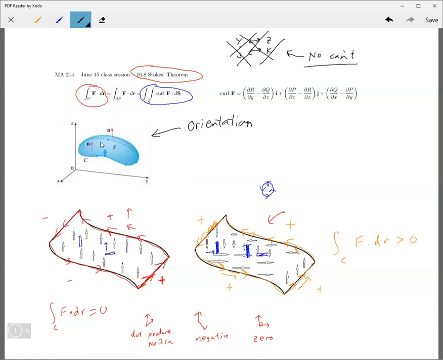If the top of the surface is up here, and the guy is walking around the outside, his head points in the same direction as what the top, or the outward, is supposed to be. If that's the case, then the surface is to the left of this guy at all times. As he walks around, the surface is to his left.